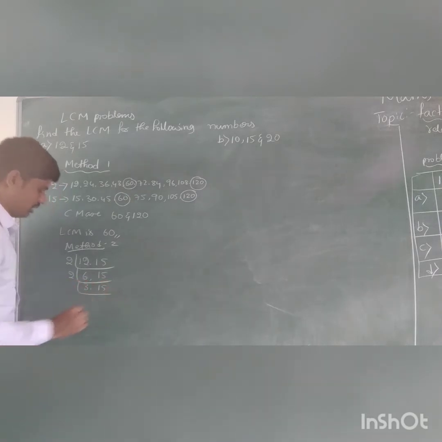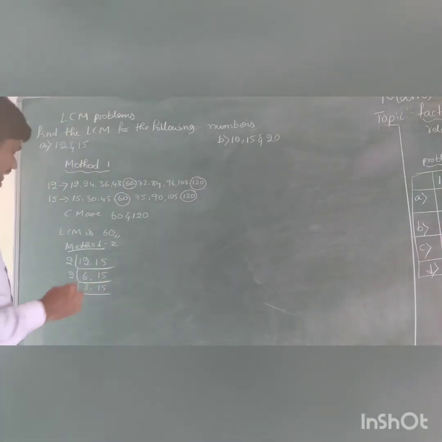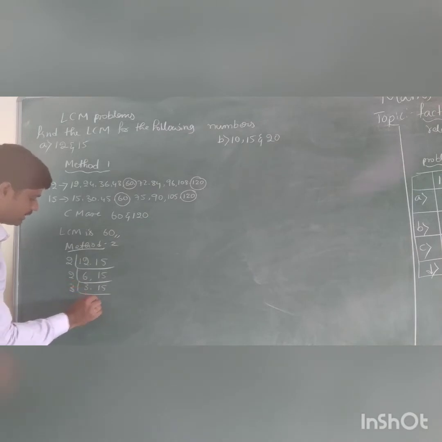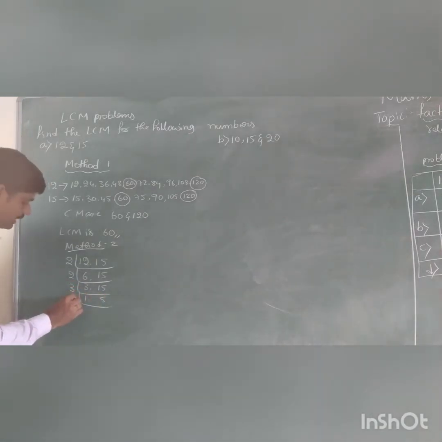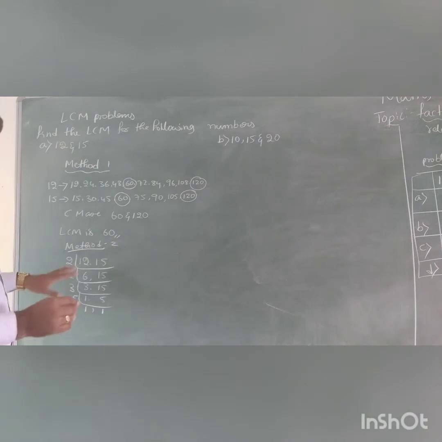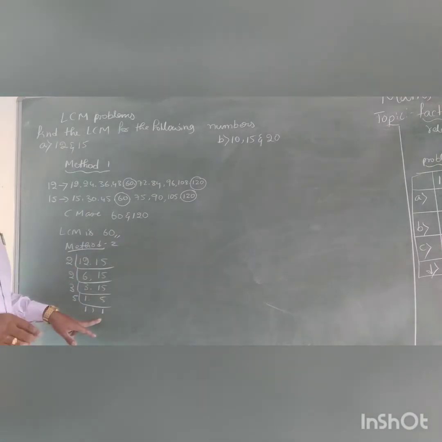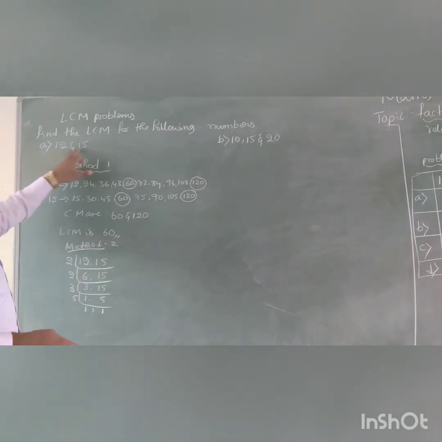Next going to the 3 table. In the 3 table, 3 divided by 3 is 1, and 15 divided by 3 is 5. Again the 5 table: 1 is not divisible, 5 divided by 5 is 1. Now you should solve up to the last 1, 1. Now multiply those numbers. This is the LCM of 12 and 15.